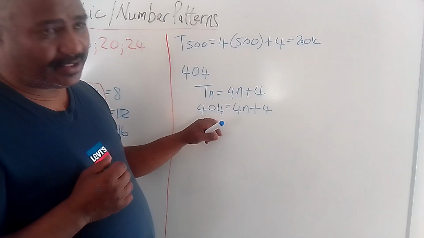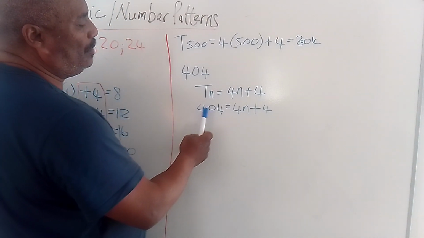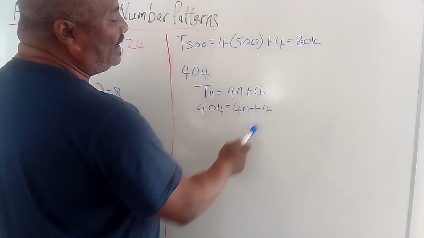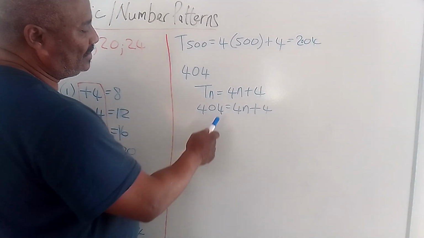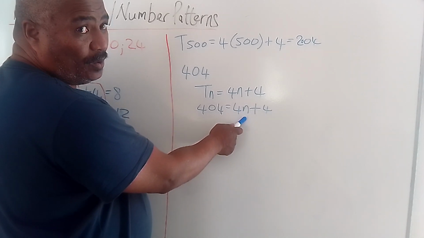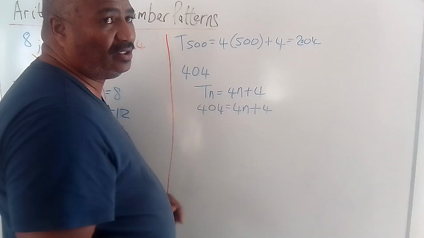So we take our 404 that's given to us, and we do the opposite of what is given here. What's given here is times 4 plus 4. So to find this term, we're going to do the opposite.